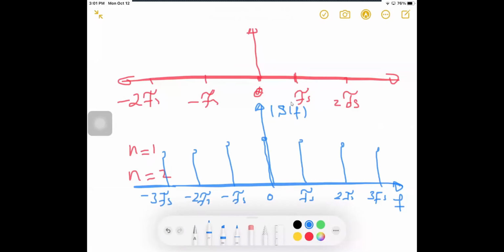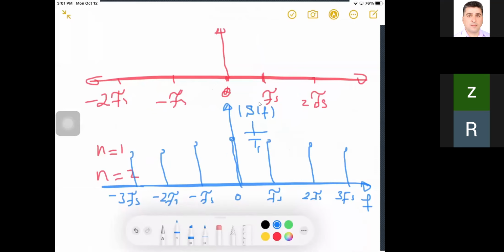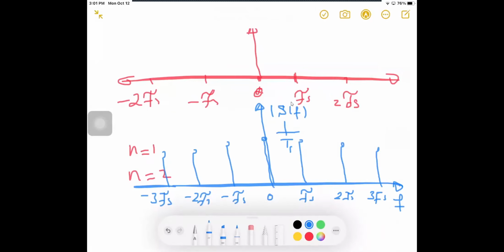Of course, you have to keep in your mind that the amplitude is scaled by 1 over Ts. This will be the function S of F. It starts from minus infinity and ends at infinity.